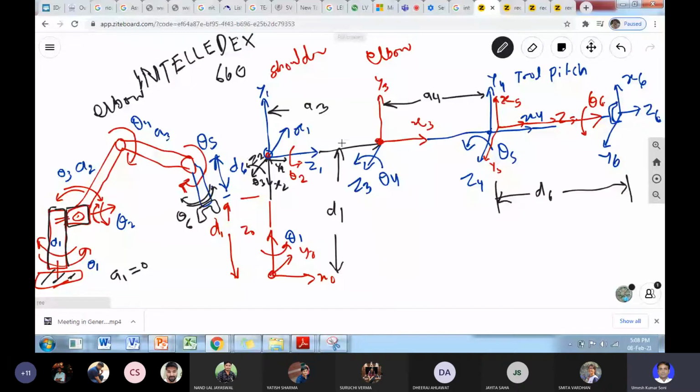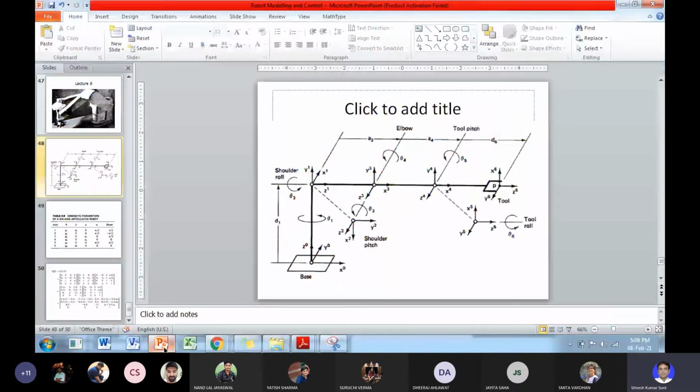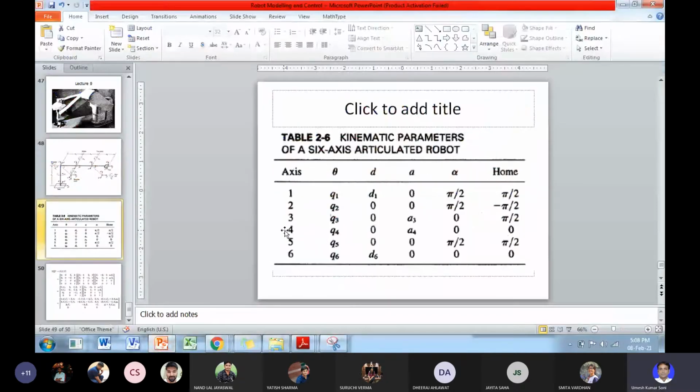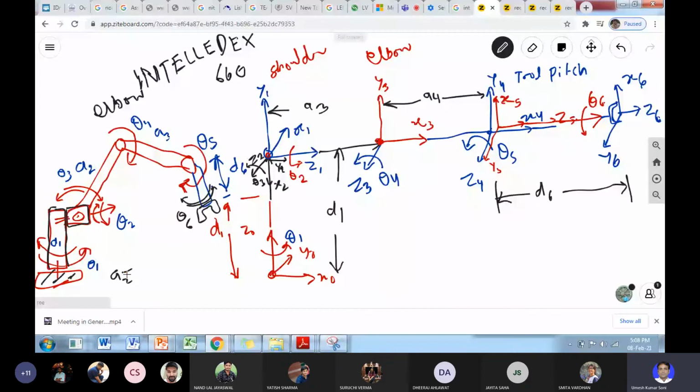D1 is variable, and 0, this 3, this is A4.